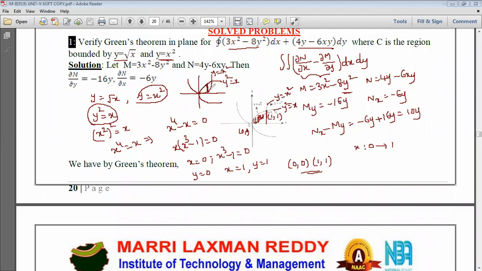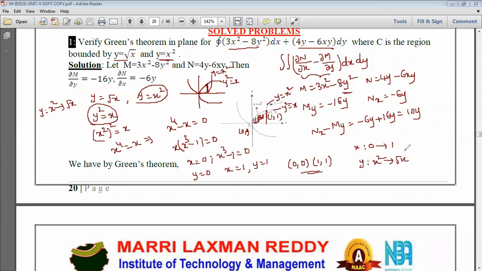So the lower one is y is equal to x², and where it leaves is on the curve y² is equal to x, which is y is equal to root x. So it means the y limits are from x² to root x.